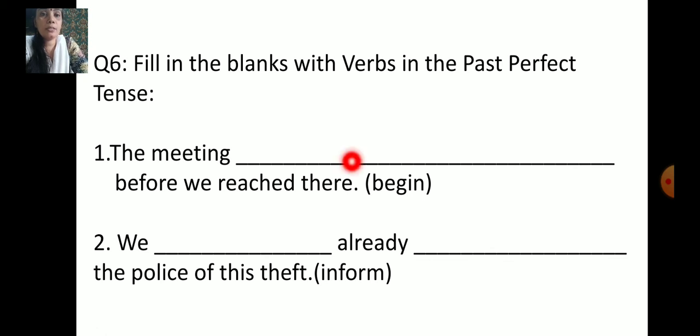And question number 6. Fill in the blanks with the verbs in the past perfect tense. Number 1. The meeting dash before we reached there. Begin. We dash already dash the police of the theft. Inform.